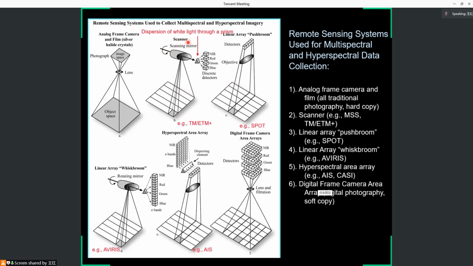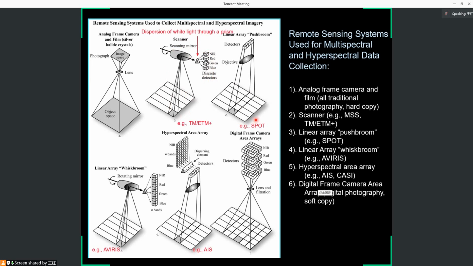It uses a scanning mirror, then obtains multispectral bands, using a discrete detector.